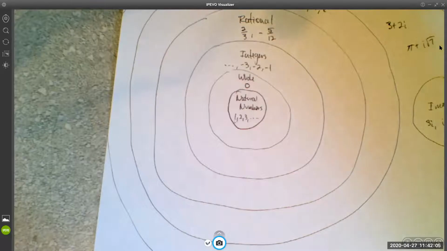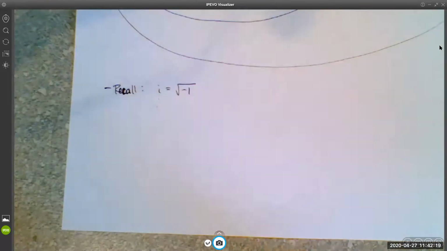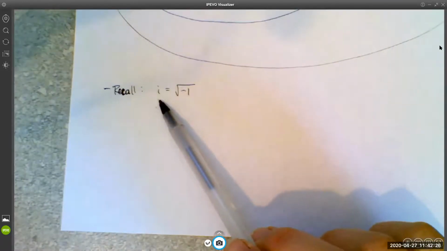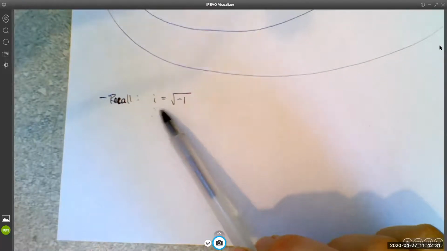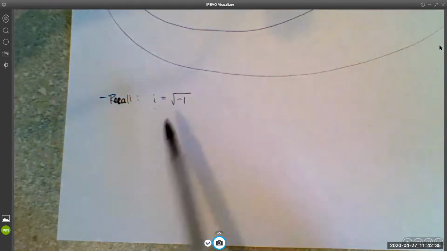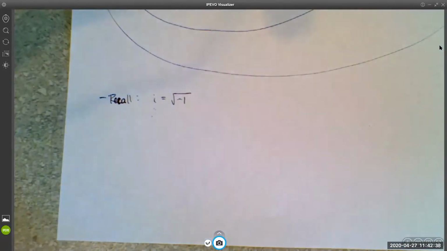A lot of mathematicians tend to believe that there's something more to it than just human invention. There are reasons for their beliefs, but we're digressing quite a bit here, so I'm not going to get into it. The moral of the story is it's really a system that we invent to make sense of the world around us. So there's no reason for us to cast out the number i just because it's maybe a little bit uncomfortable to us at first. When we throw this number into the mix, we get a lot of really nice properties.